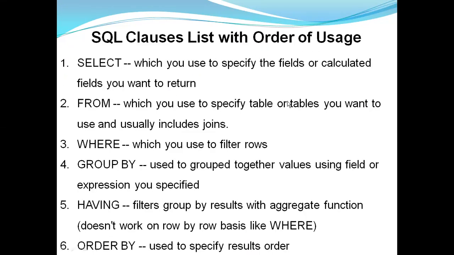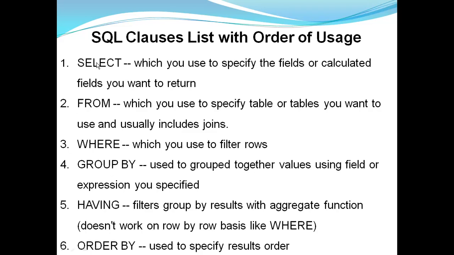Now, SQL is structured query language. So whenever you write a query, it has to be written in a specific order. And that order is select, from, where, group by, having. These two clauses we have not discussed in this lecture. We'll discuss them at the appropriate time.